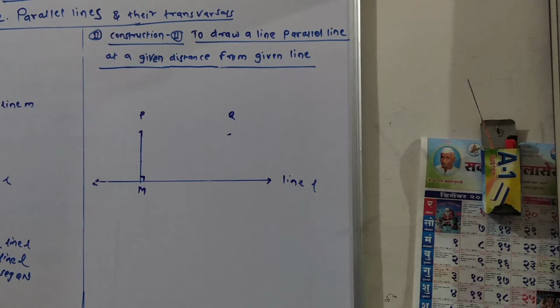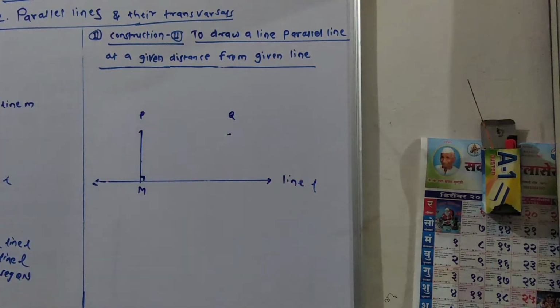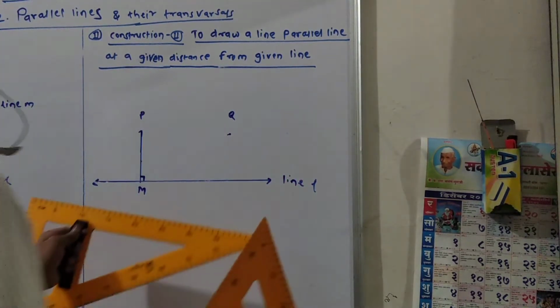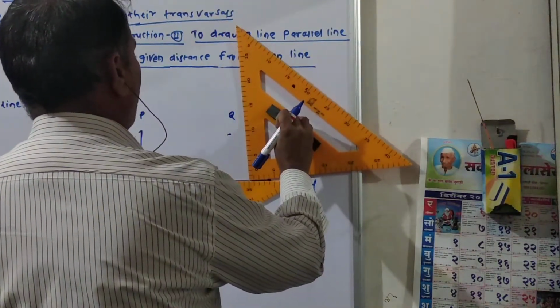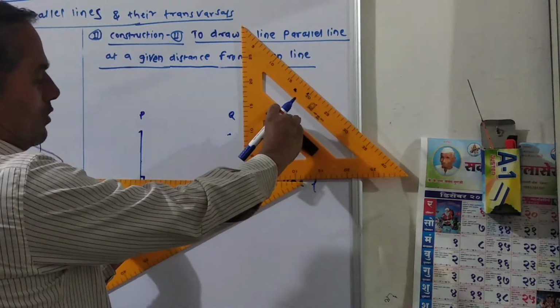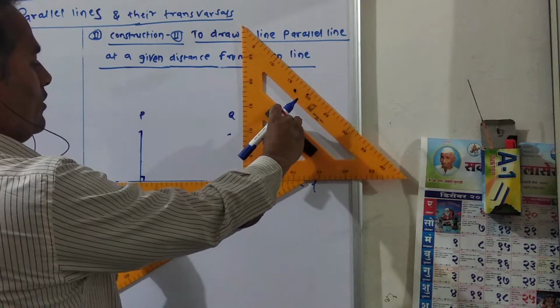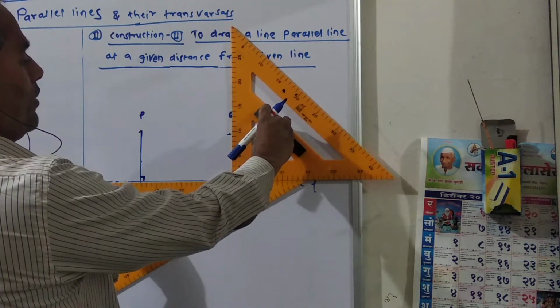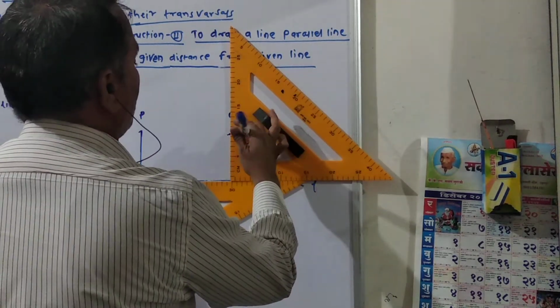By plotting the point Q outside, now we have to draw one more perpendicular from the point Q. So this is the marking, and we slide this set square up to the point Q. Mark this point.